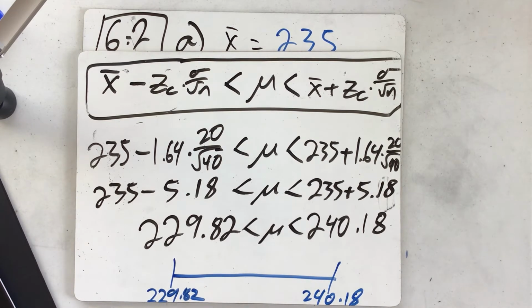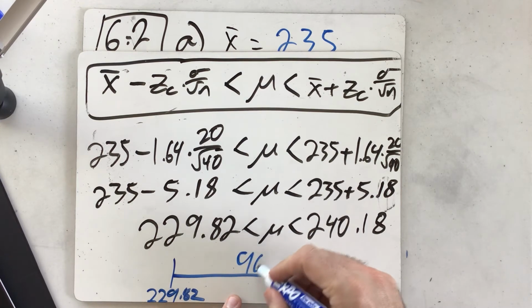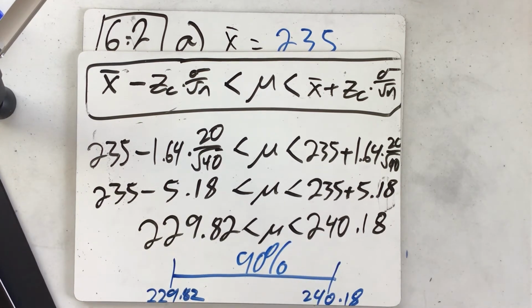I need to put a whole bunch of these people on an airplane. I need to know the average weight so that our airplane is weighed down correctly. You could say the average weight will be between 229 and 240. And then if that member says, how confident are you in this? And you can say, I'm 90% confident. So I know that there is a 90% probability that the number falls within that range.